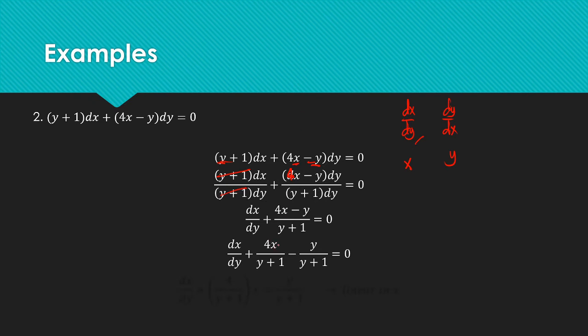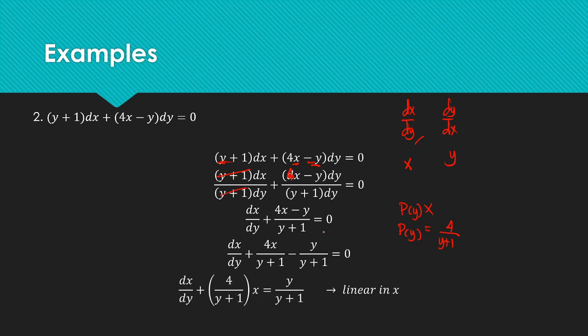May x na nakamultiply dito. So, therefore, nakuha na natin yung p of y natin na nakamultiply sa x, that is equal sa 4 over (y plus 1). Tapos, minus y over (y plus 1), pero lipat natin sa kabila.